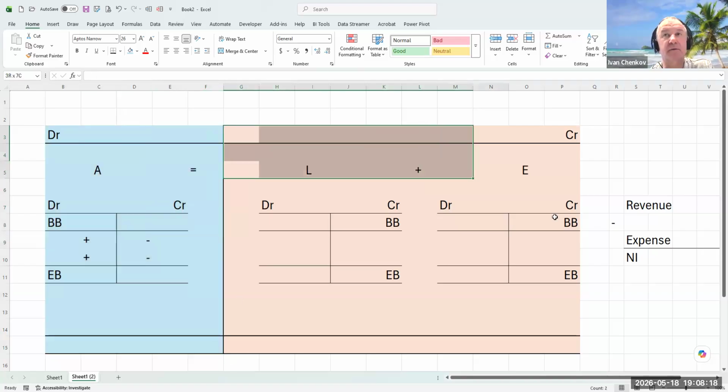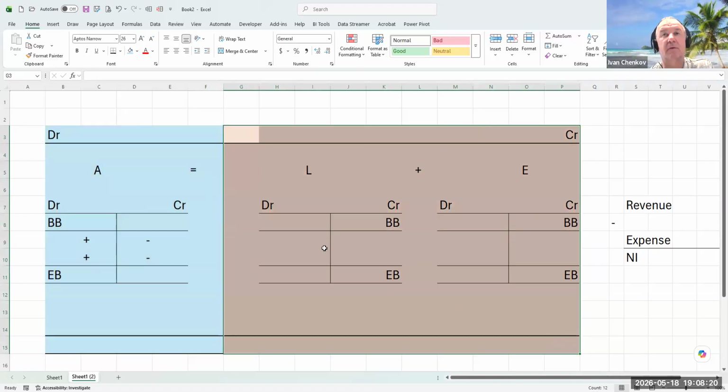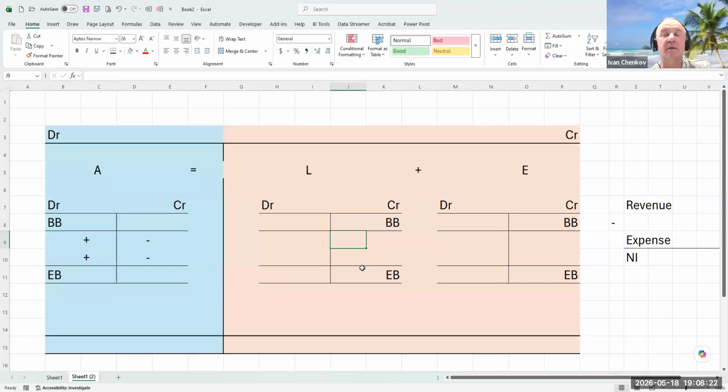Now, on the other side of the equation, if we want to increase the liability, we have to put it on the credit side. Same thing with the equity. And if we want to decrease the liability, we have to put it on the debit side.